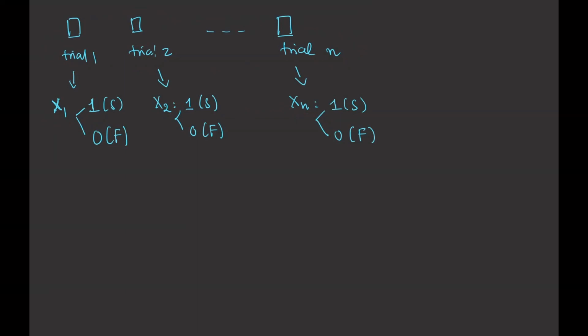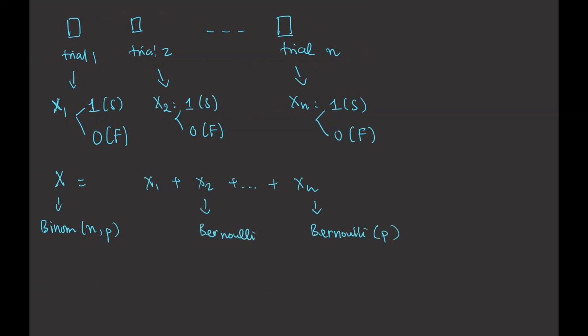That's why we have the expression x following a binomial distribution with parameters n and p is equal to x1 plus x2 up to xn. And each of these xi follows a Bernoulli distribution with parameter p, and they have to be independent from each other.